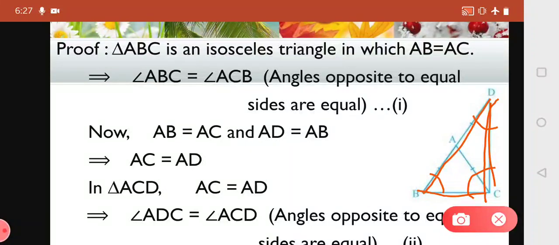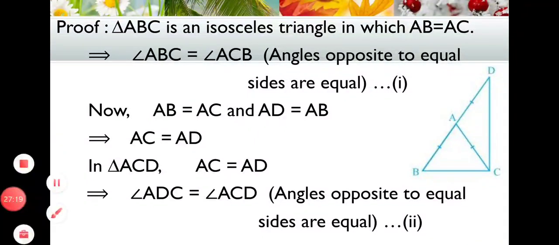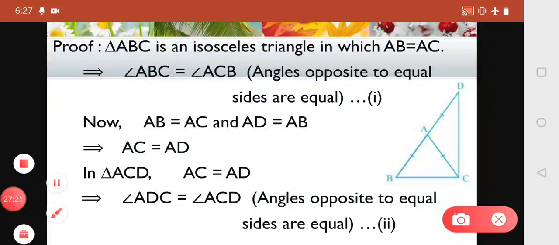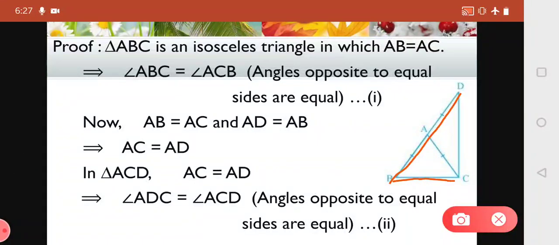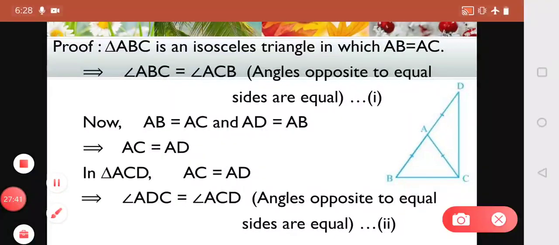Now when we write angle DBC, we can write angle DBC as angle ABC also. This is our whole angle DBC, but in place of DBC, we are writing it only as ABC. Similarly, BCD we write as it is. And for triangle BDC, this is our whole angle BDC.